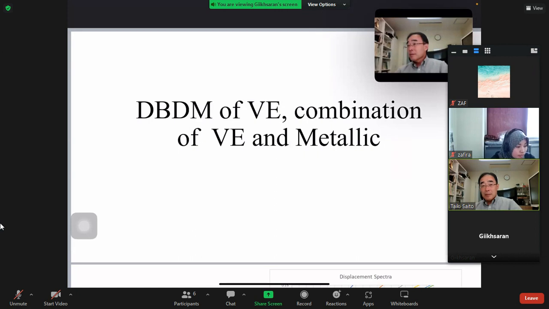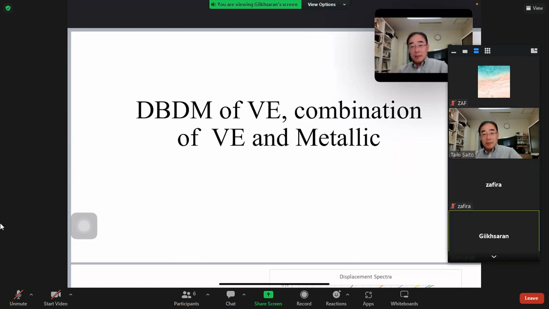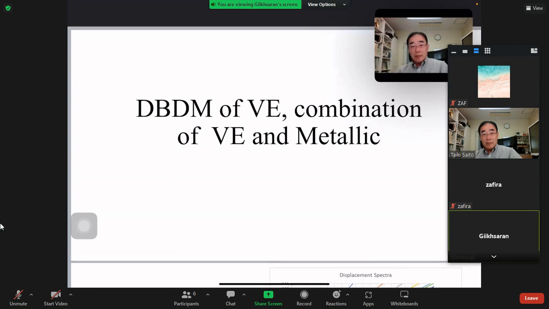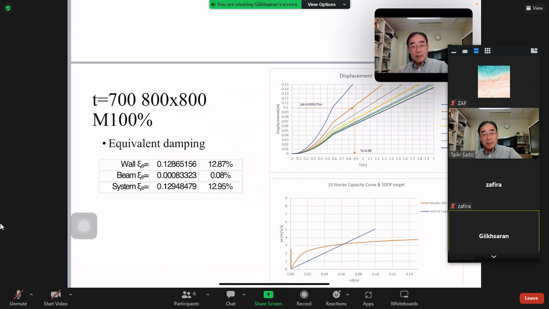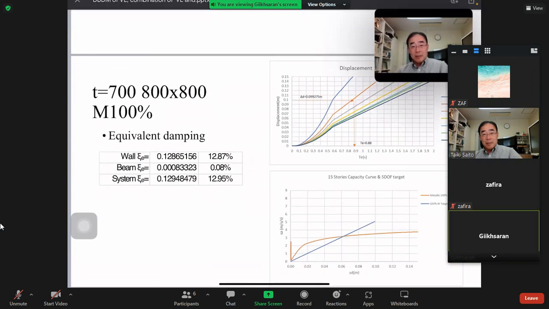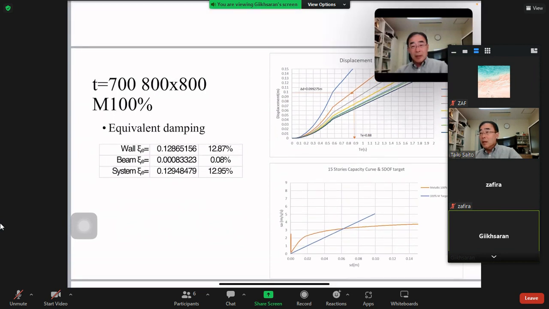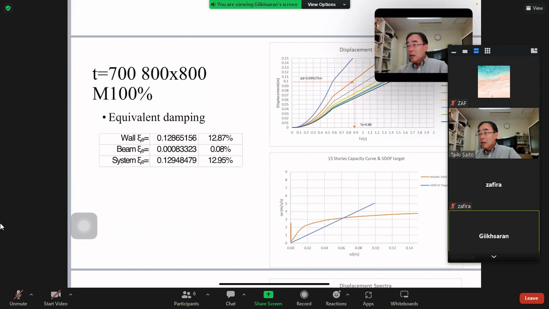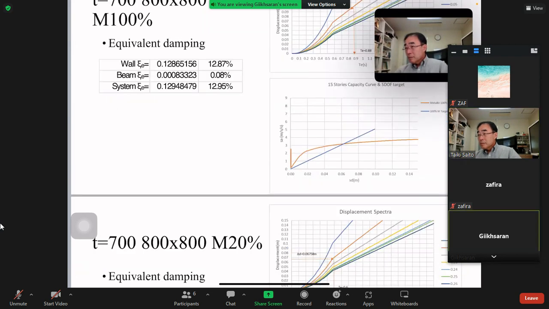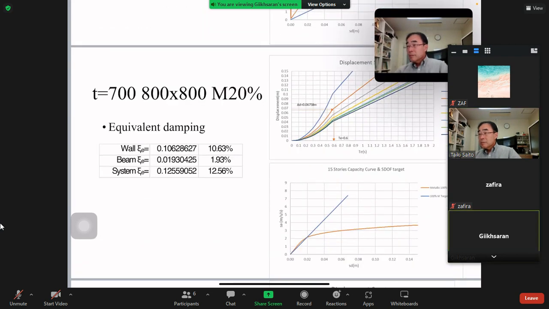Now I'm going to talk about DBDM of viscoelastic and metallic damper and the combination of viscoelastic and metallic. This is the result for wall thickness 700 and column 800. This is metallic 100%, and this is metallic 20%.